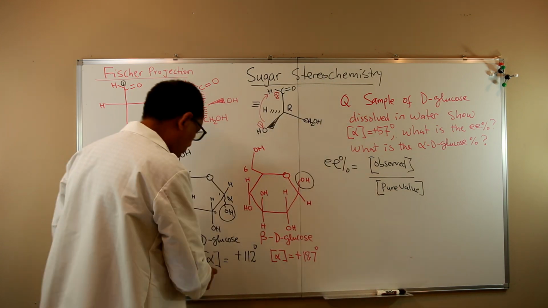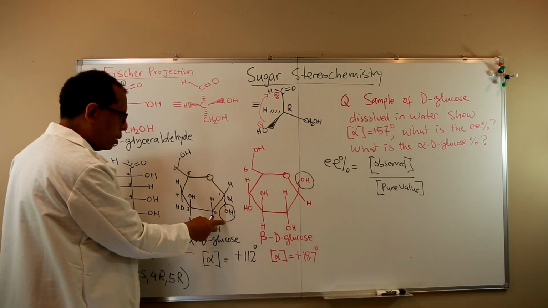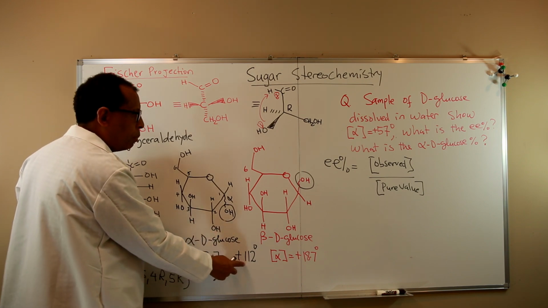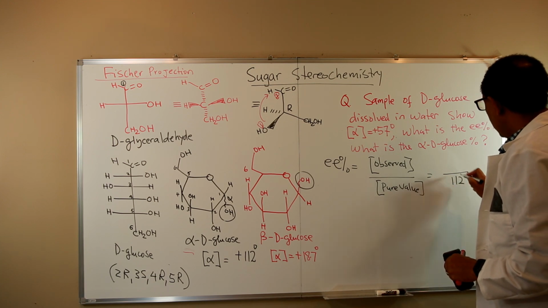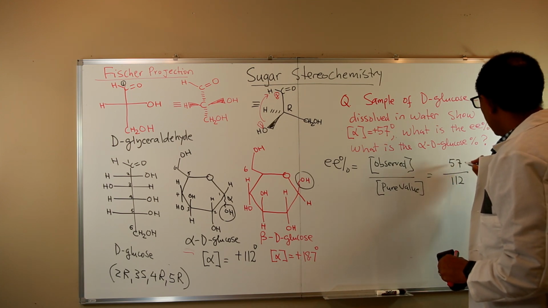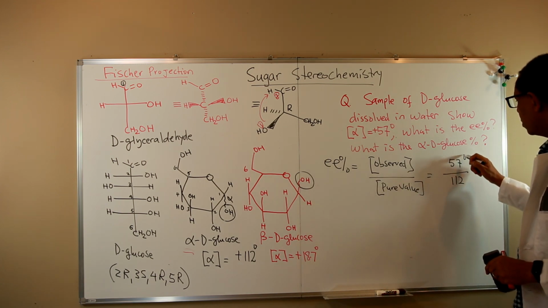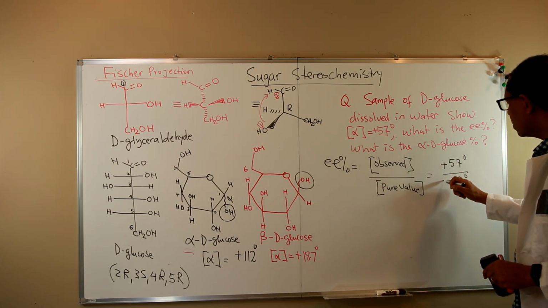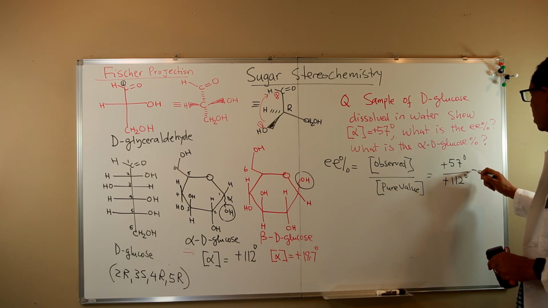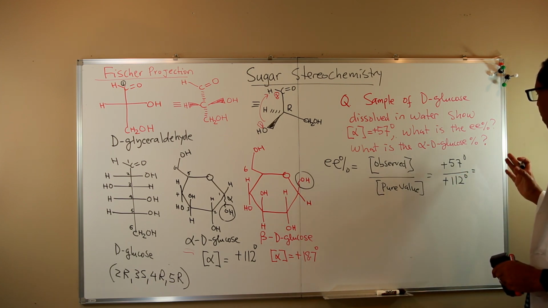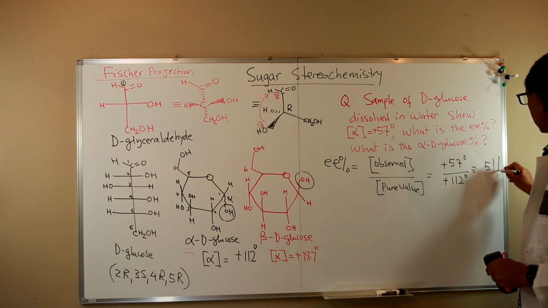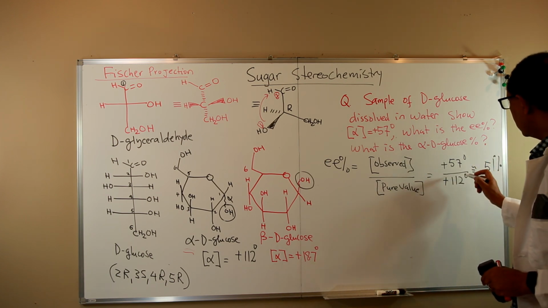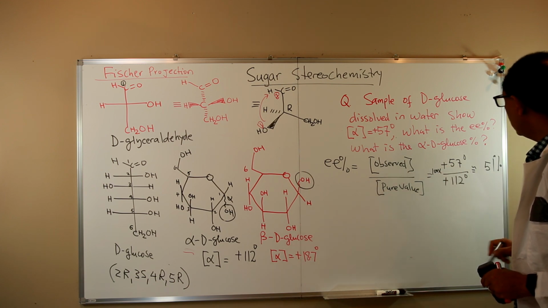If alpha is the dominant one, that's the pure one, so 57 degrees over 112 degrees, times 100. This gives us close to 51. I'm not entirely sure, but the enantiomeric excess is 51 percent.